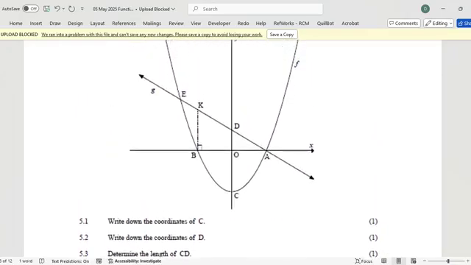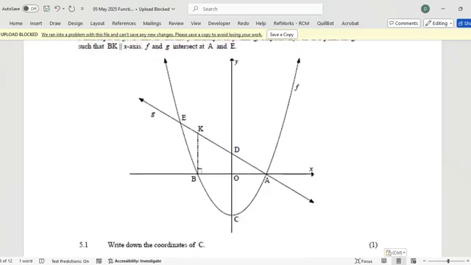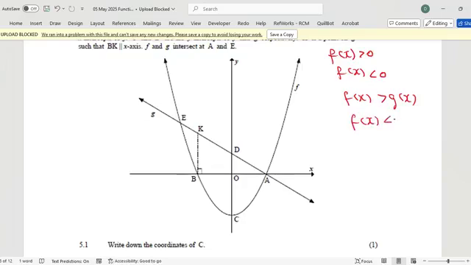Yesterday I explained these things. I explained F of X is greater than 0, F of X is less than 0, and F of X is greater than G of X, and F of X is less than G of X.